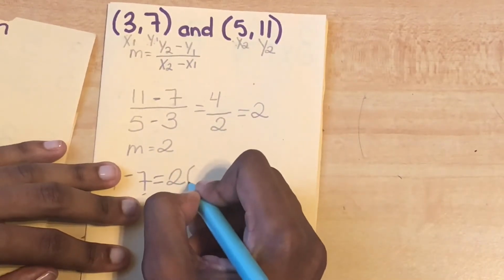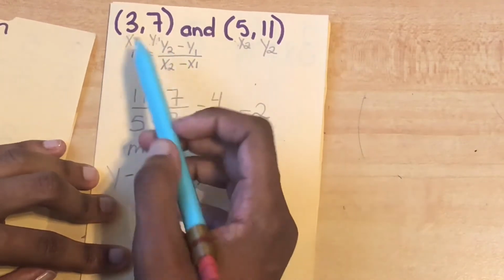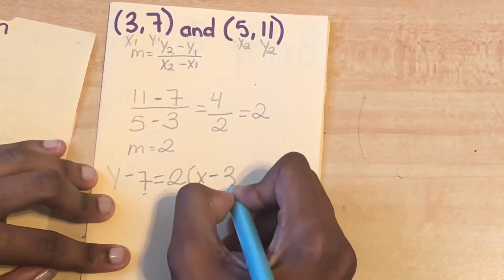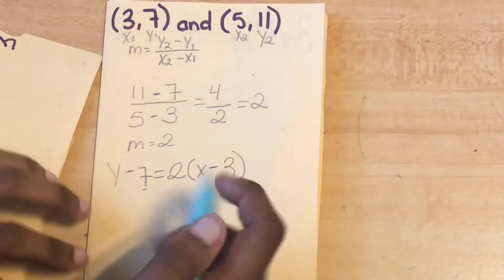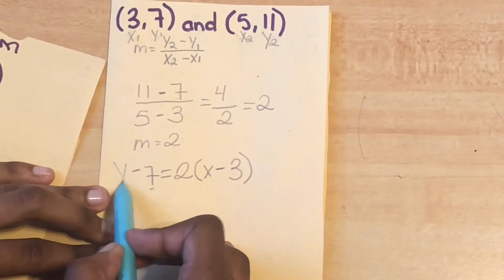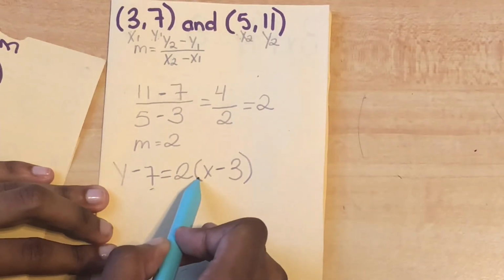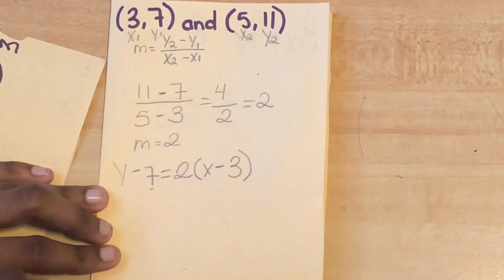Then we're going to do open parentheses x minus, and the 3 will be our x1, so we're going to plug in 3, close parentheses. So now we have y minus 7 equals 2, open parentheses, x minus 3, close parentheses.